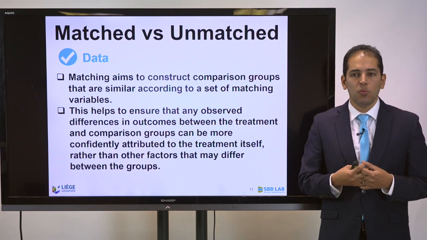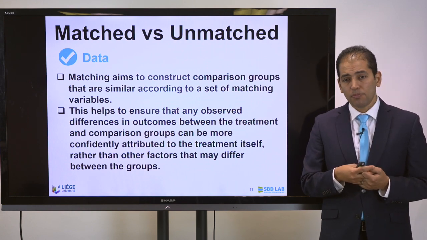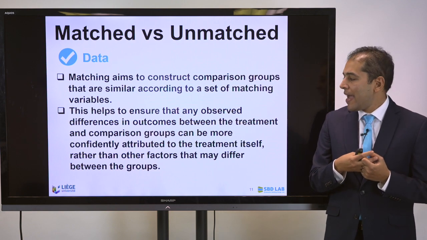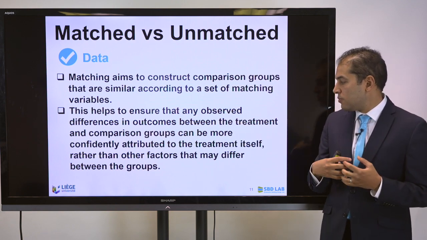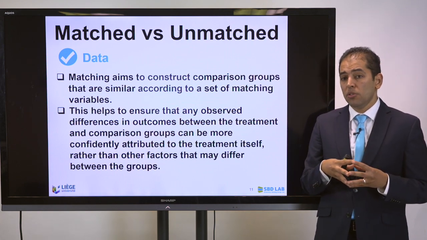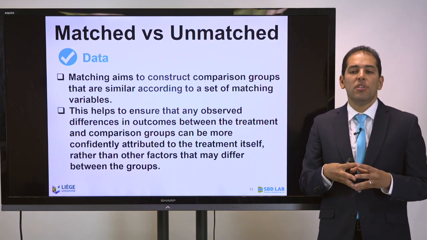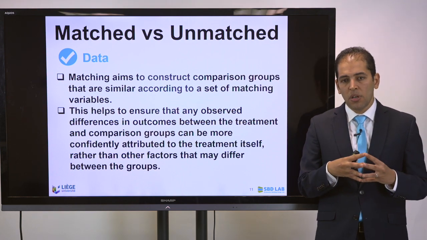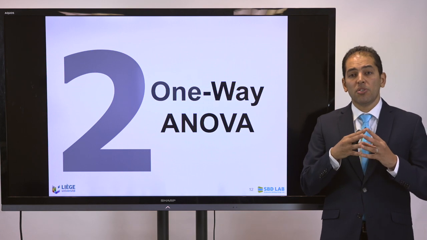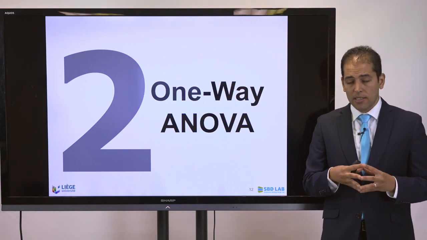But in most of the cases, we use unmatched data. So here, the matched data actually helps to ensure that any observed differences in outcomes between the treatment and the comparison group can be more confidently attributed to the treatment itself rather than other factors that might differ between the groups. But allow me to start with explaining the first three unmatched data tests.